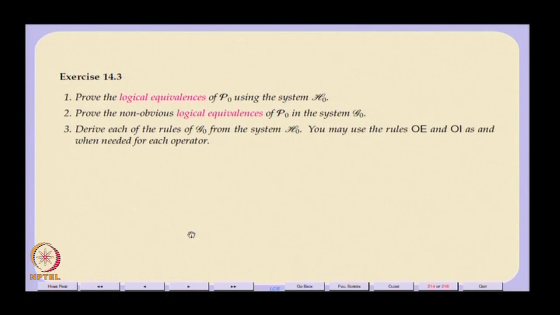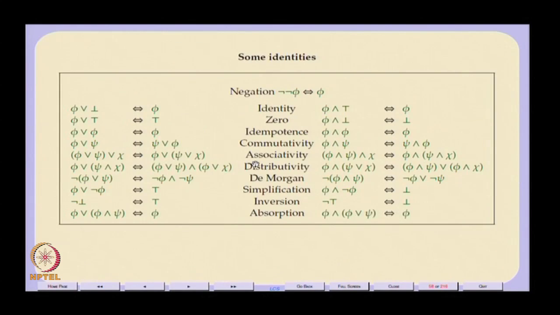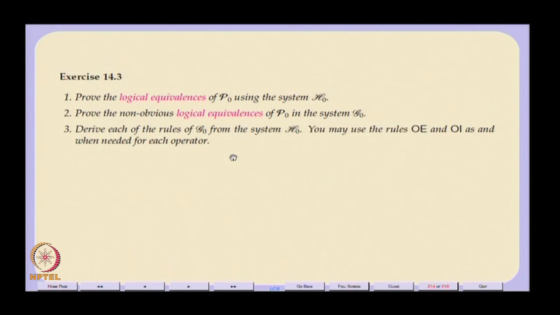So, now your job is to prove all of Gentzen's rules from the Hilbert style proof system. That is an exercise. The other thing is all those logical equivalences should be provable as two-way conditionals in the Hilbert style proof system. Some of them are already there in the natural deduction proof system, but the others may have to be proven.